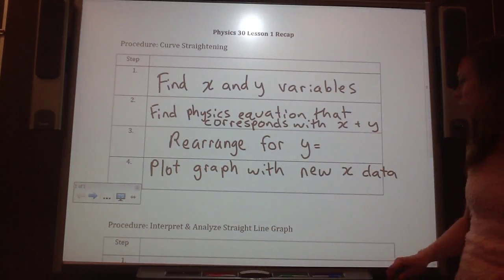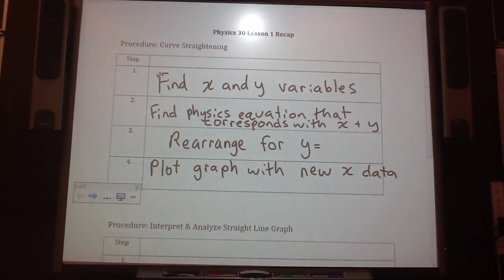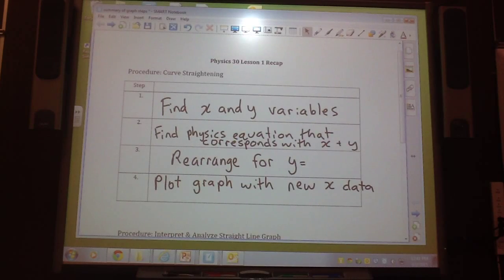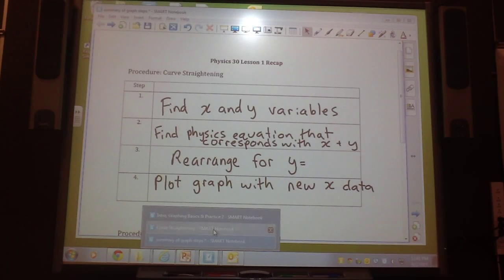So let's go to our notes then and finish our notes for that, and then we'll fill in the summary sheet. I just thought this would be a good summary. You might want to keep this at the front of your binder, because you might want to pull it out when we go back and do these types of questions of like, okay, what were those steps again? You know? Okay?